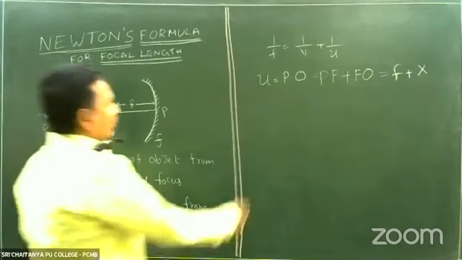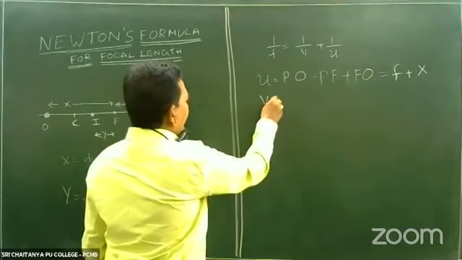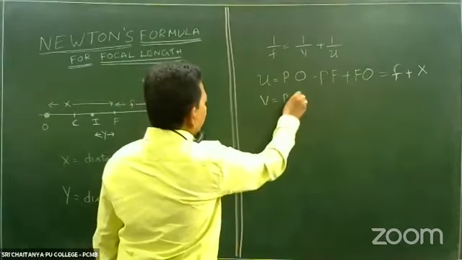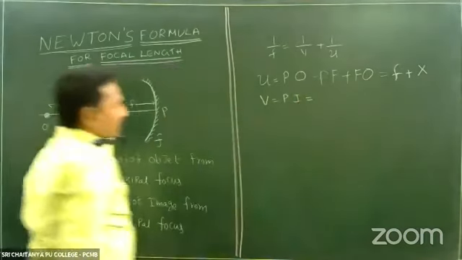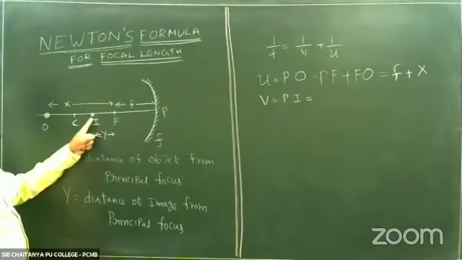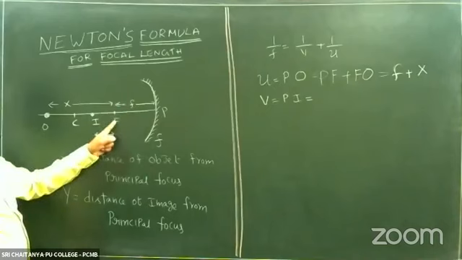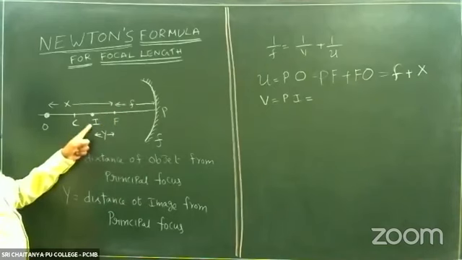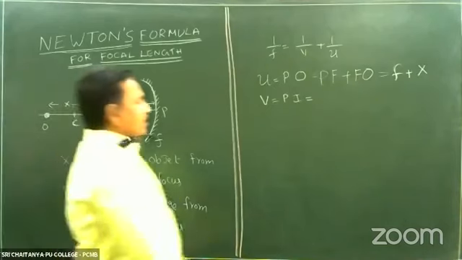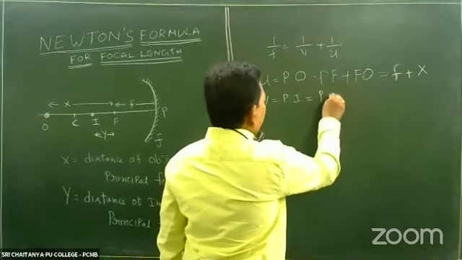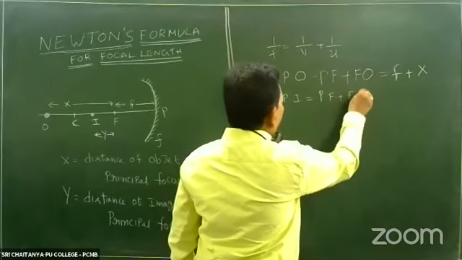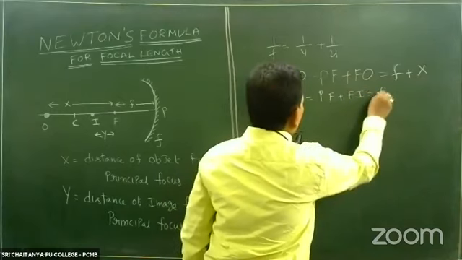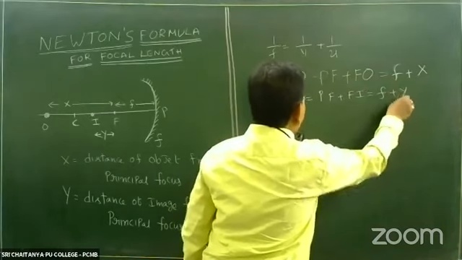Find the v value. Generally v means from where to where? Pole to image. From the diagram, pole to image is pole to principal focus plus principal focus to image. So P to F plus F to I is equal to f plus y.